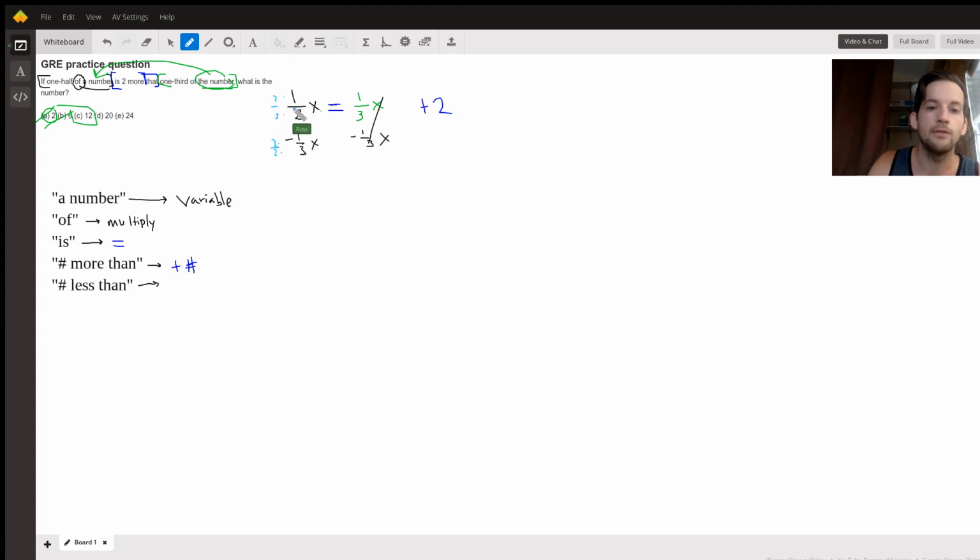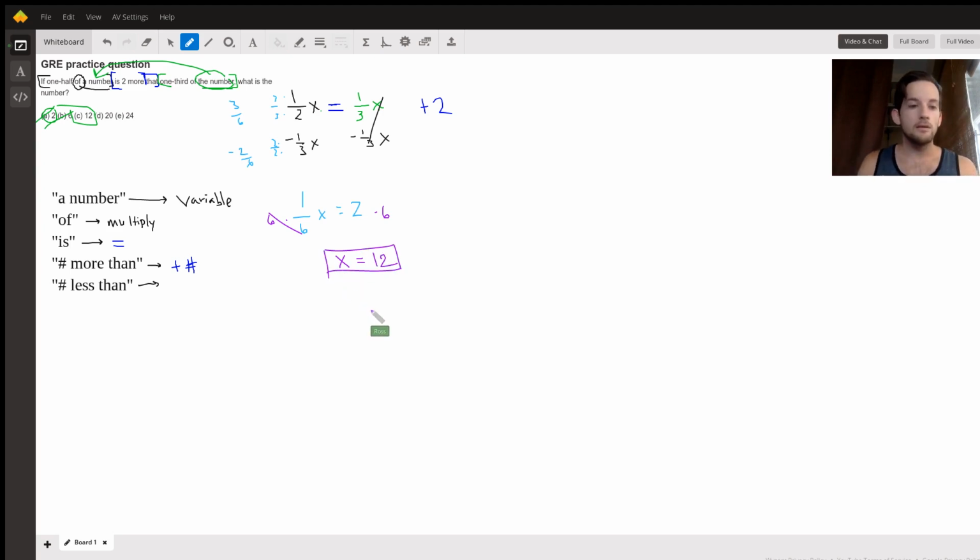Then we would have 3/6 minus 2/6, and so that would leave us with 1/6 X equals 2. Last step in this problem, multiply by 6 on both sides, and you'd be left with 1X, or just X, equals 12, which is what we decided the answer was going to be already.